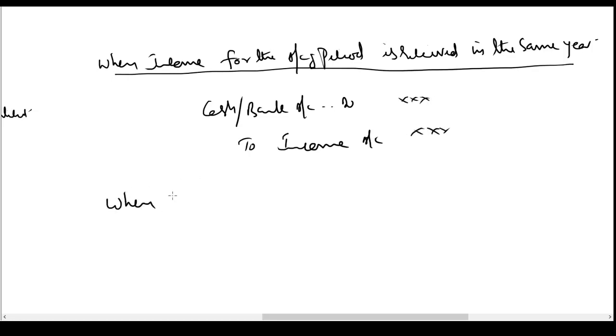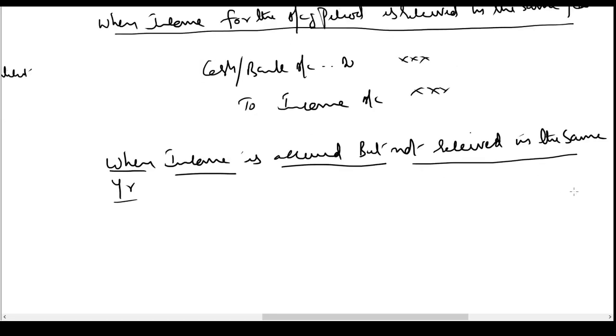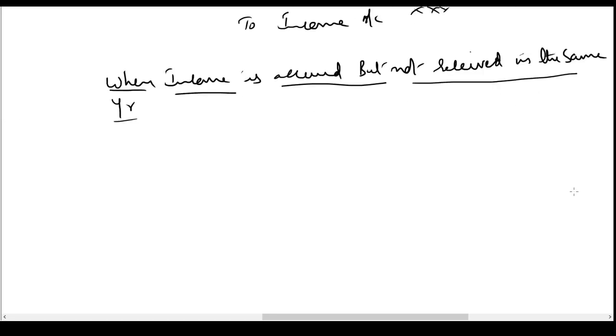When income is accrued, that means earned, accrued but not received in the same year. That means we have earned some income but the money was not collected in the same year. So what do we do? As per the accrual system of accounting, or the mercantile system of accounting, you have to recognize the income as soon as it is earned, accrues to you.